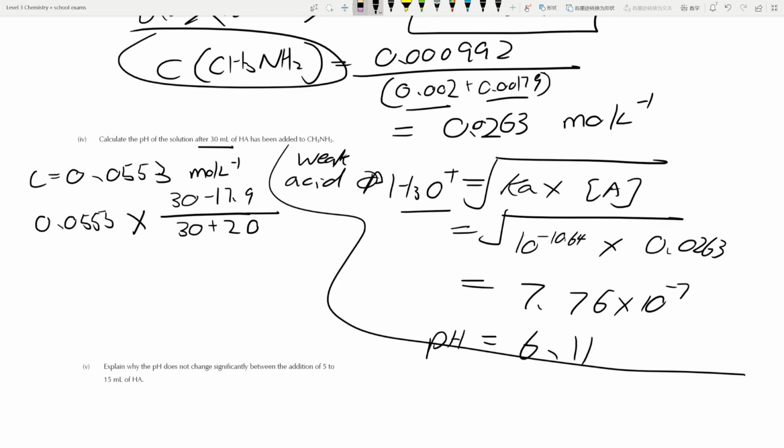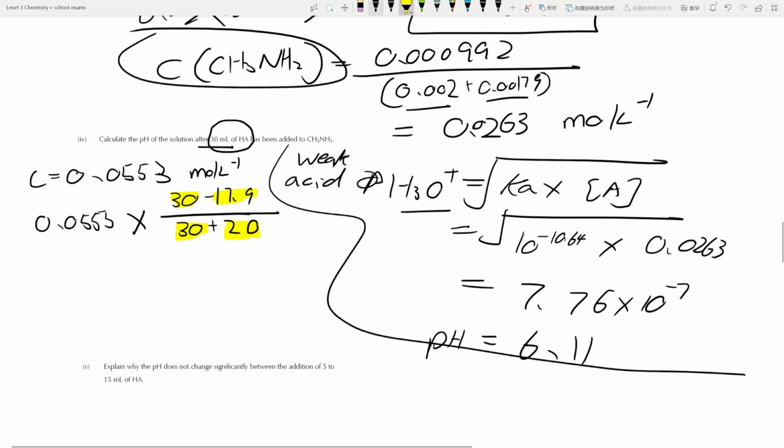Okay, so you may get a little bit confused with the numbers. We added 30 mils of HA. So in my flask, I have 30 mils of the HA, I have 20 mils from my pipette. The total volume is 50 mils. I spent 17.9 to neutralize the existing base, and the leftover is responsible for the pH.